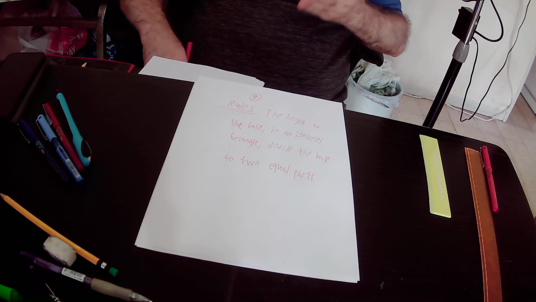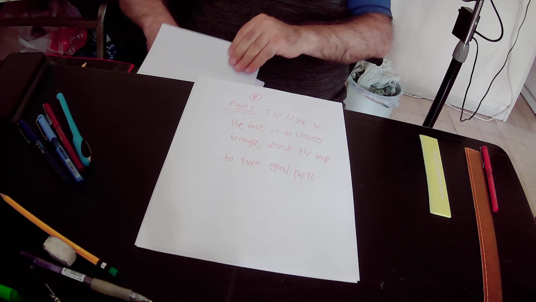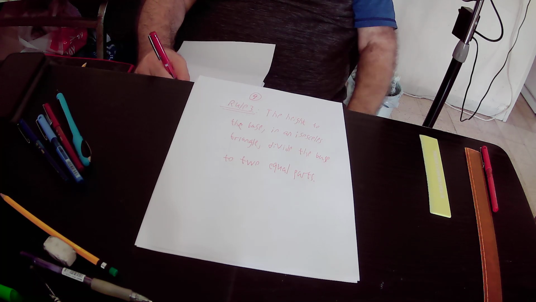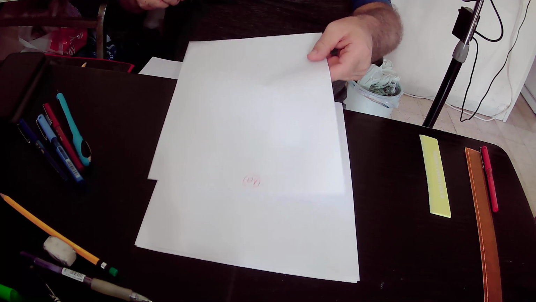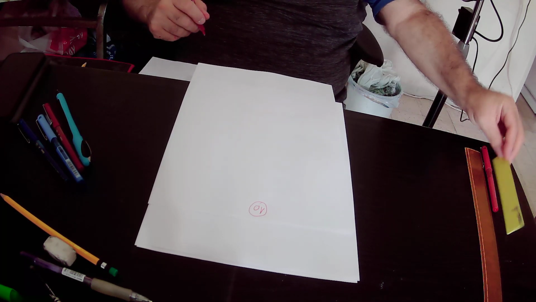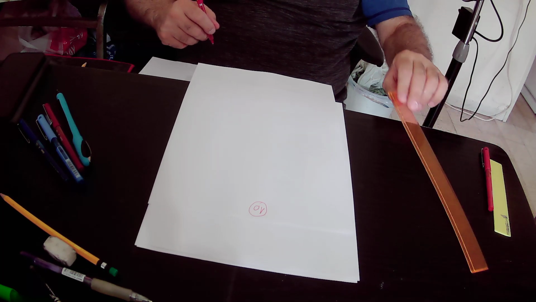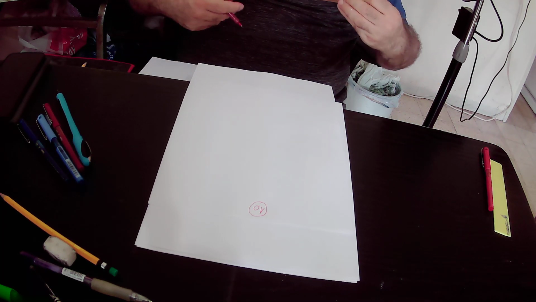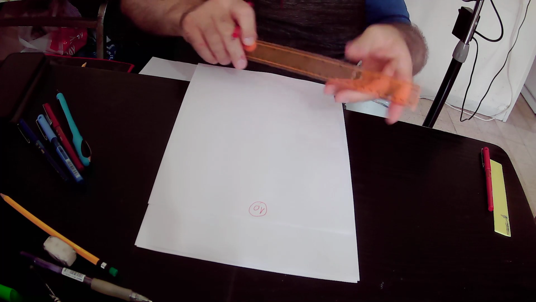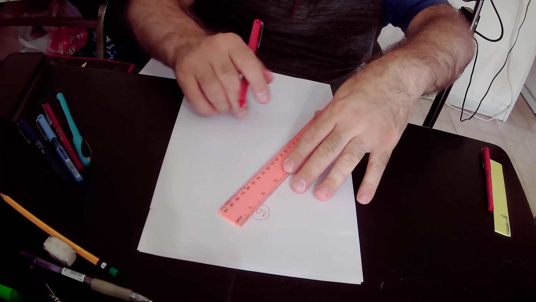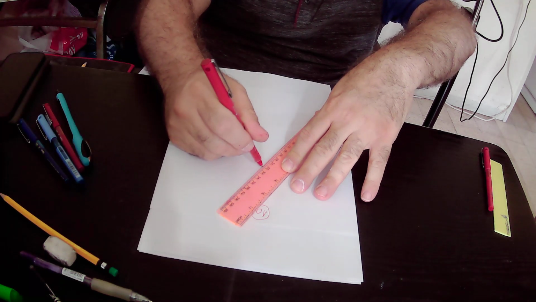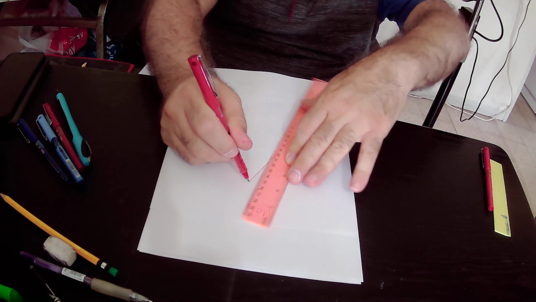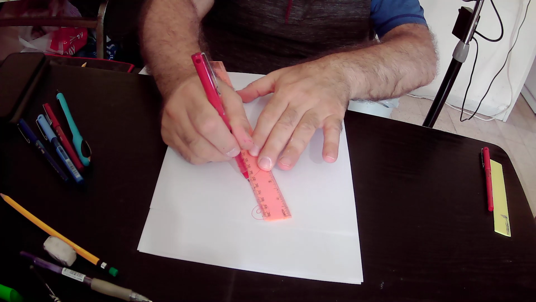So if triangle ABC is an isosceles triangle, that is to say it has two sides that are equal to each other, so in triangle ABC, that is an isosceles triangle, we have two equal sides.